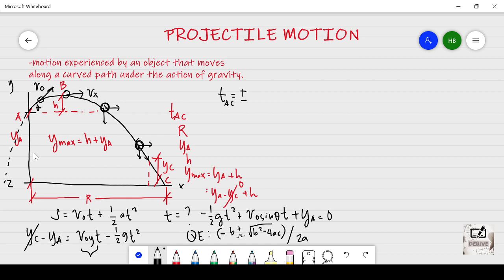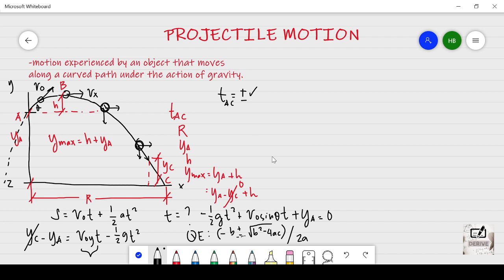If you complete this curve, you are going to have the absolute value of this time, and from A to C, you have the complete time for the whole curve. That is why it has a positive value there. It means that is the time from point C to point A. But we only want the time from point A to point C, so just choose the positive.